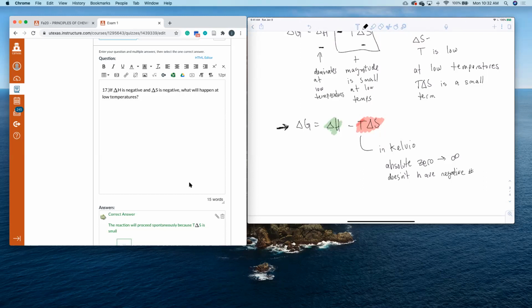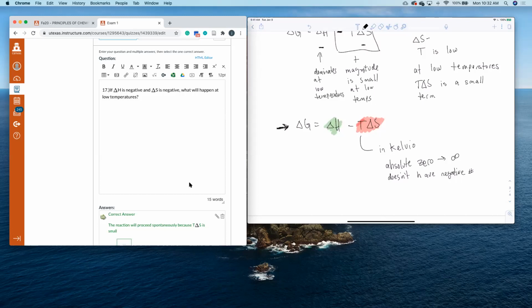For that particular equation, the temperature has to be in Kelvin. For other things, like when we deal with heat capacity, you can use degrees Celsius. But for this stuff, you have to use Kelvin.